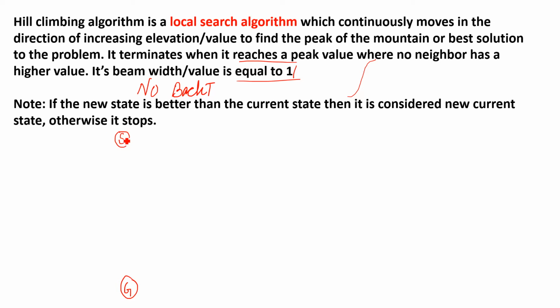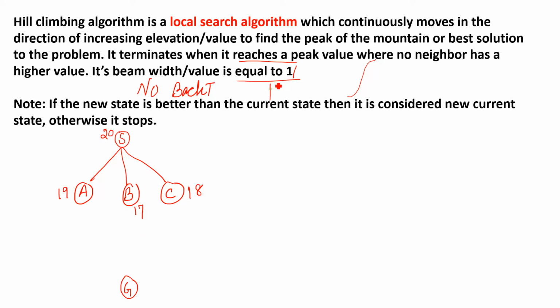So this is our starting point and the heuristic value is, suppose, 20. Now from this S we have three different routes which will take us to our G: A, B, C. Suppose the heuristic value of A is 19, the heuristic value of C is 18, and the heuristic value of B is 17.